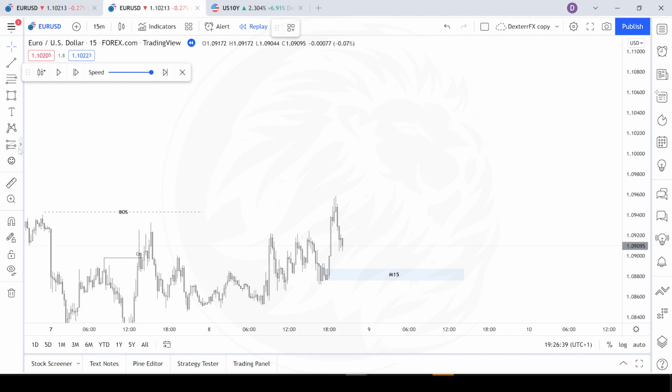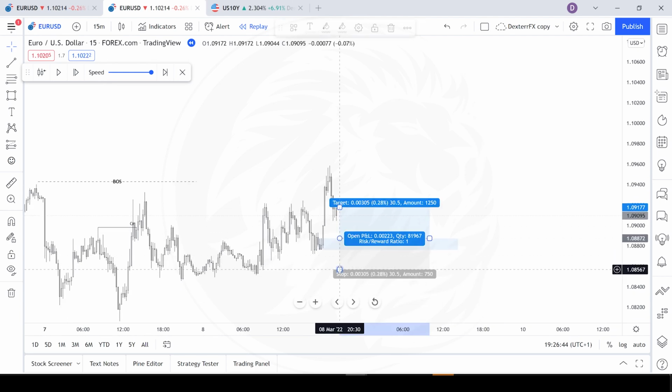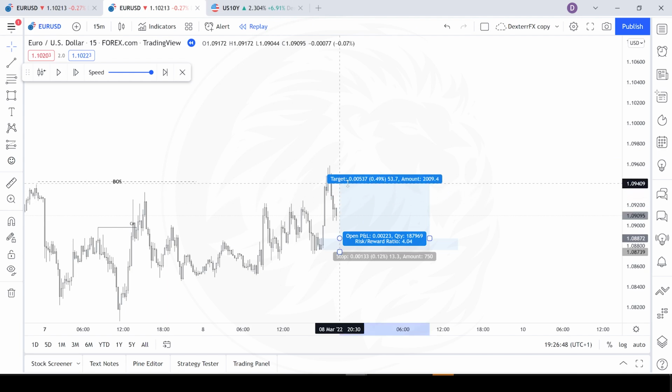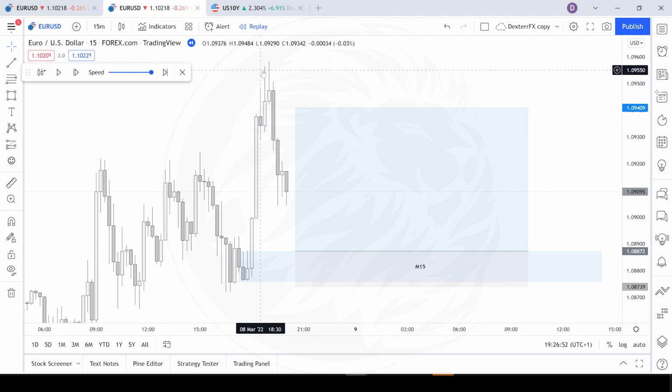So my first TP will be the next H4, M15 sorry, supply POI, supply in this case, so this level here, because as you can see we have swept some liquidity, so it creates a valid supply area.